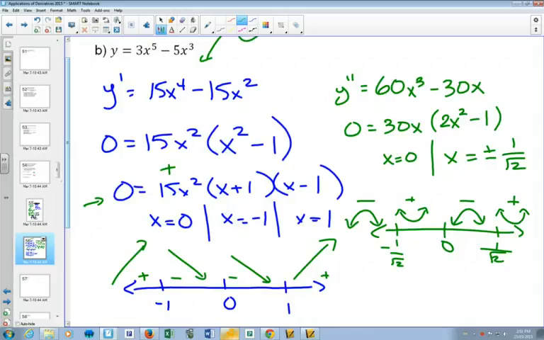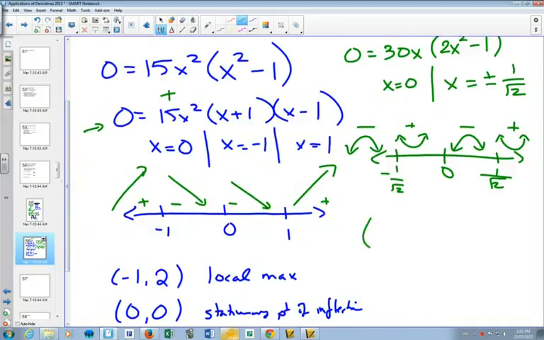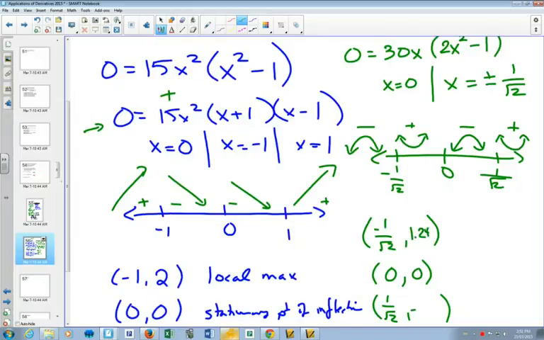Let's list them here too. We haven't written our points out. Negative 1 over root 2 comma something, 0 comma 0, which we already knew, and 1 over root 2 comma something. What values did you get here? 1.24 here for both of them, and negative 1.24.